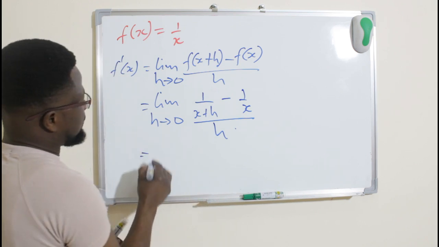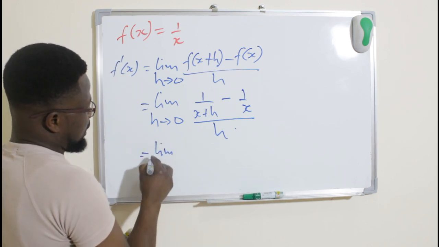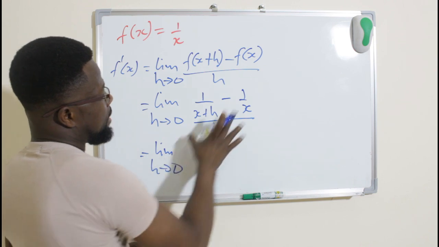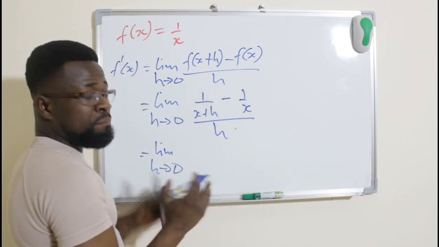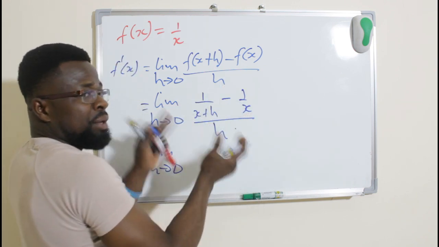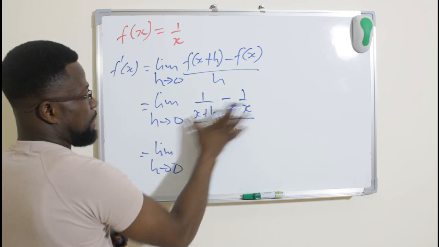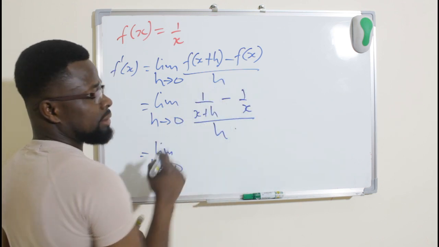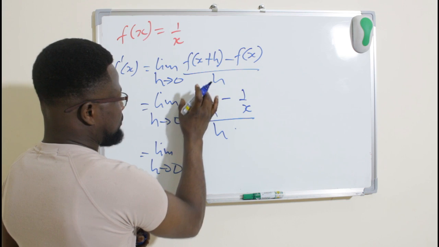And once I have this, I'll have the limit as h approaches 0. This is a fractional expression, and we need to solve it by multiplying each of the fractions by the LCD.